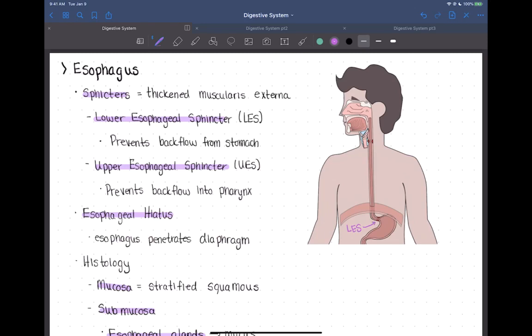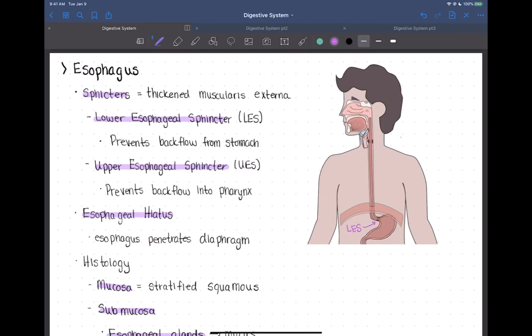That's the lower esophageal sphincter, and it prevents backflow of all this juice and food being digested from the stomach, prevents it from being able to flow back up into the esophagus. So that sphincter can close off and prevent backflow of food into the esophagus and stomach acid.